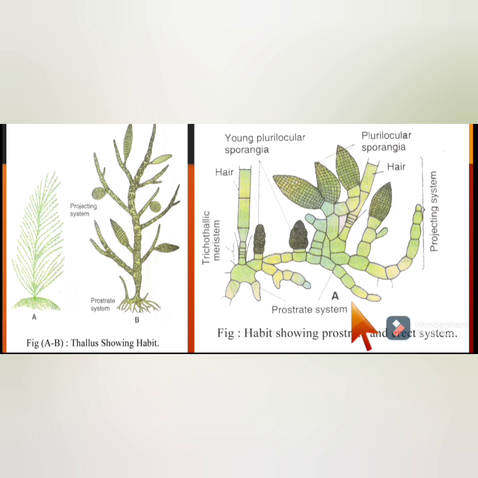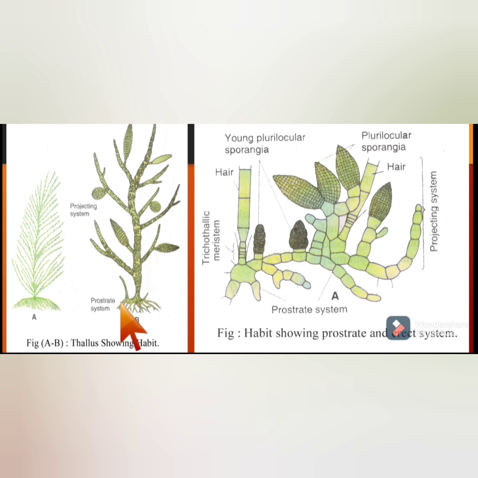The thallus structure of Ectocarpus, as I had already mentioned, is heterotrichous, and as you can see, it is differentiated into the prostrate system or prostrate rhizoidal system, and an erect system which is also branched. You can see this is the prostrate rhizoidal system, and this is the erect system which is also branched.